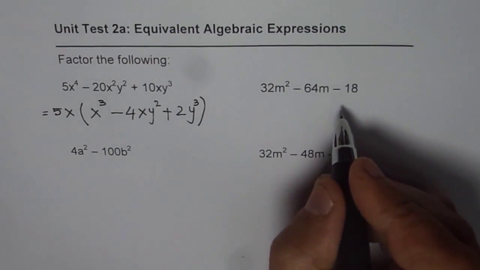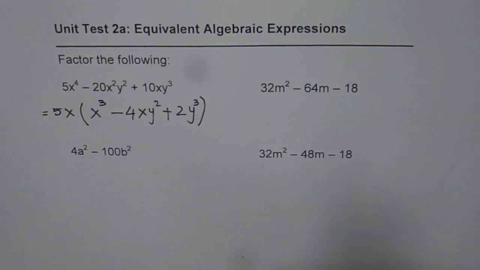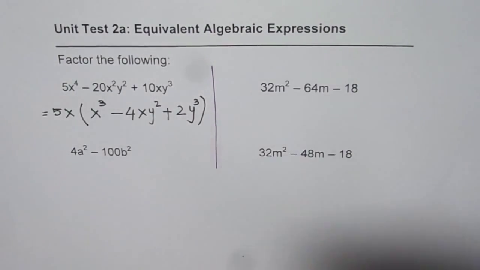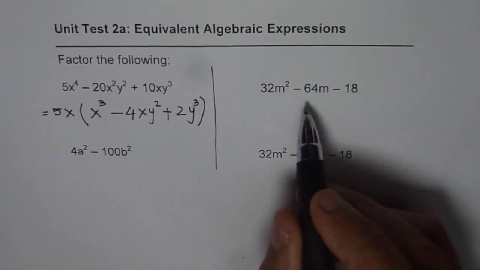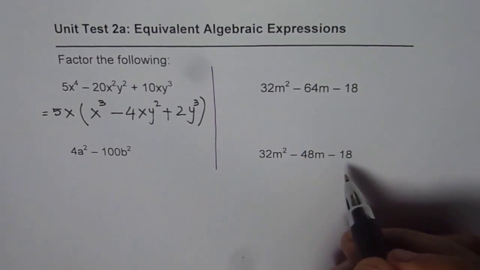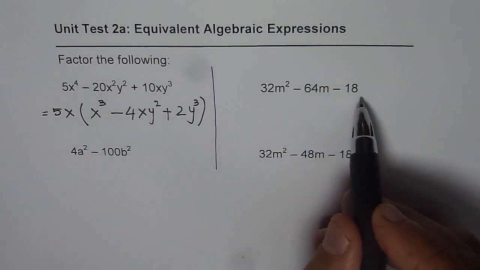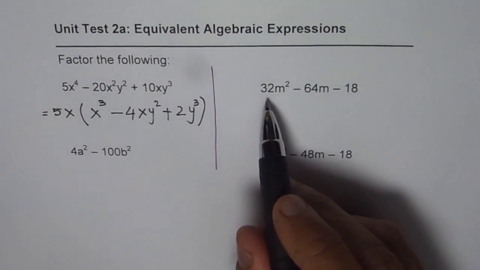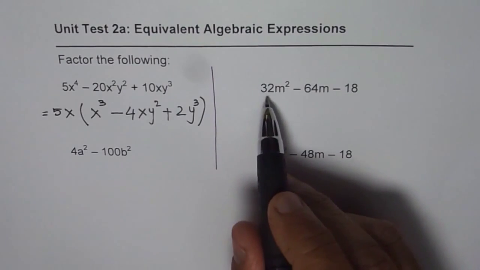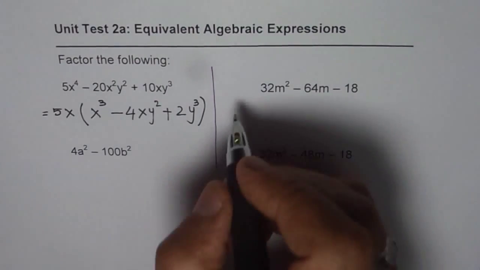Now let us factor the second one, which is 32m square minus 64m minus 18. Now all are even numbers. You can factor out 2. 32 is not divisible by 3, so we cannot factor any other number. 2 is a common factor.